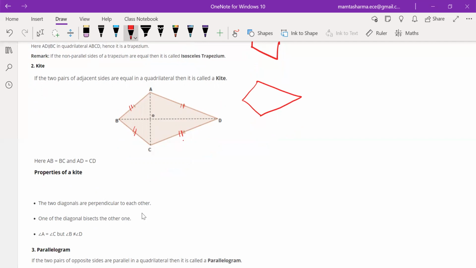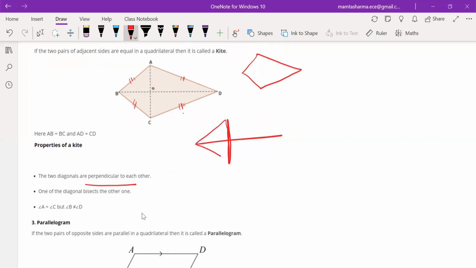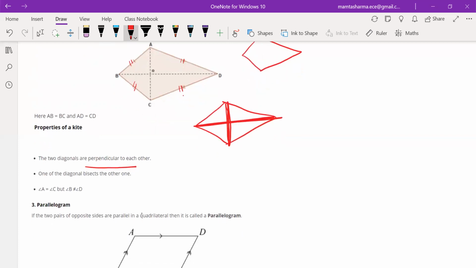So what is the property of kite? Two diagonals are perpendicular to each other. In a kite, the two diagonals will be perpendicular to each other. Next property is one of the diagonals bisects the other one.